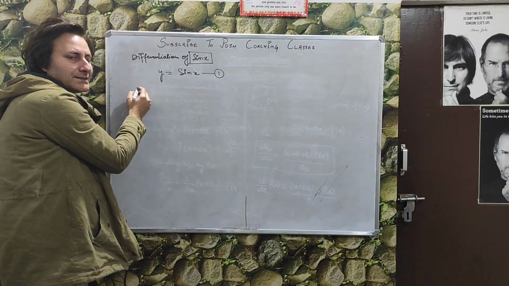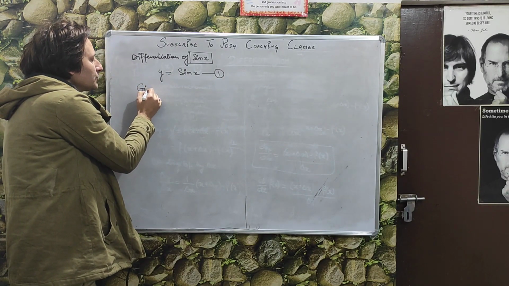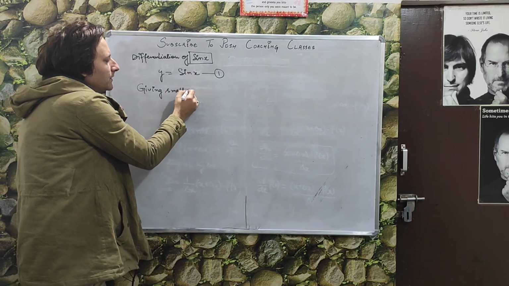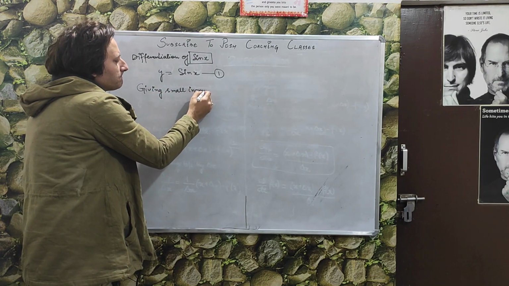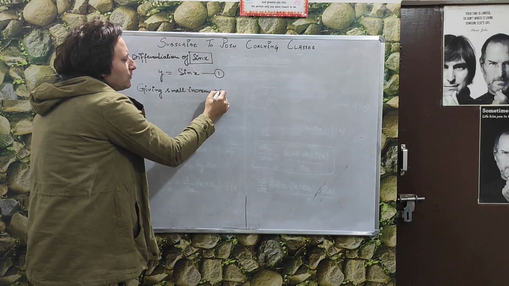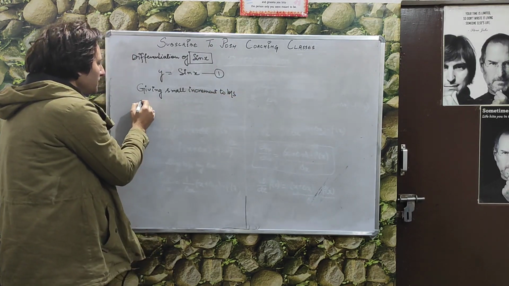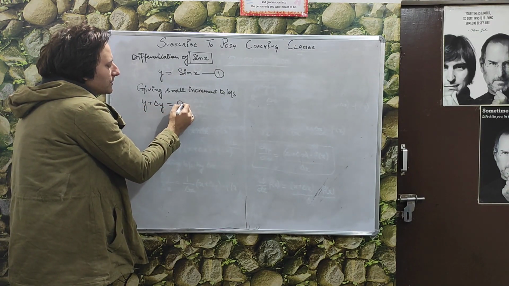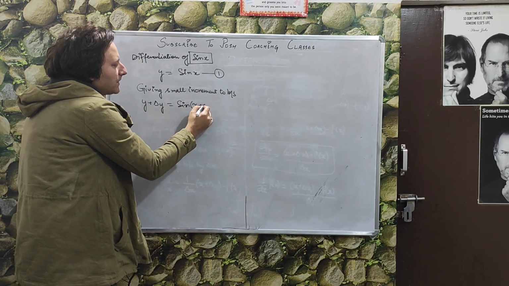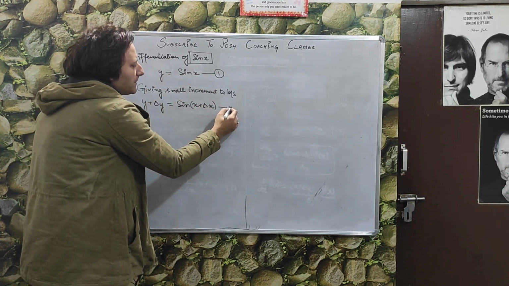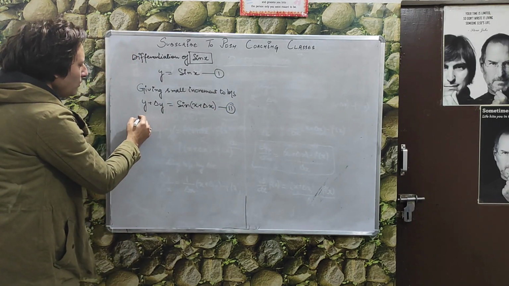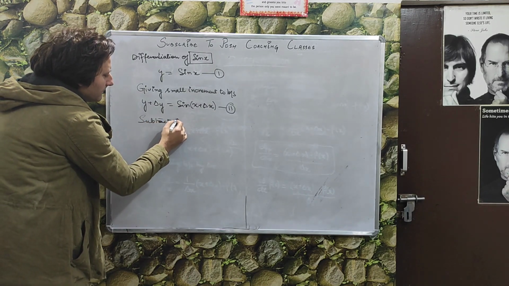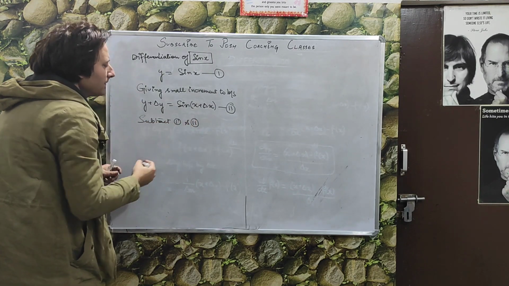Then what was our next step? It was giving a small increment to both sides. It becomes y plus delta y is equal to sine of x plus delta x. We'll keep it second. Now we will subtract first and second.